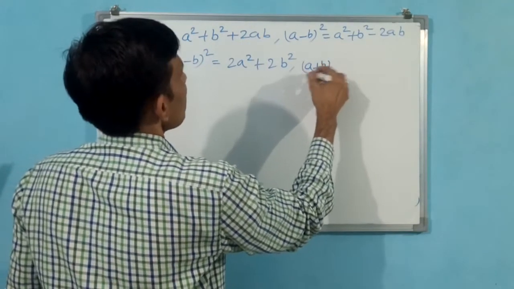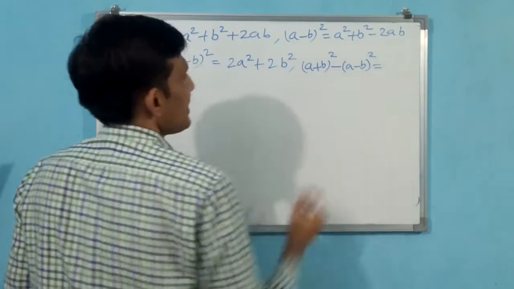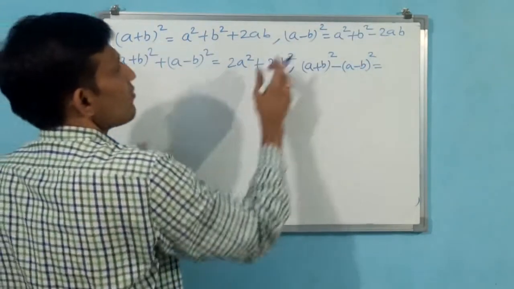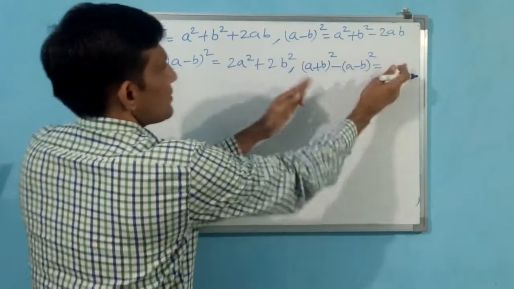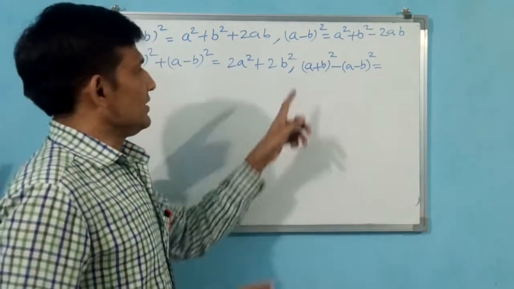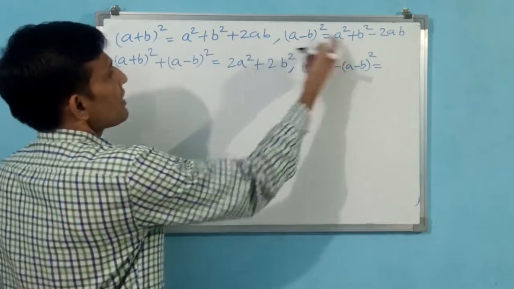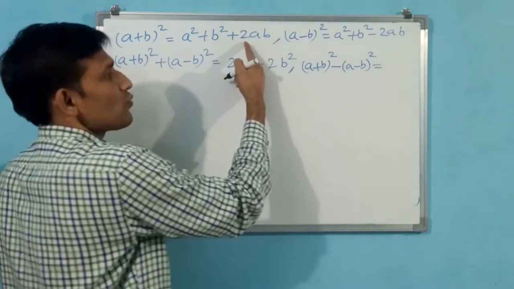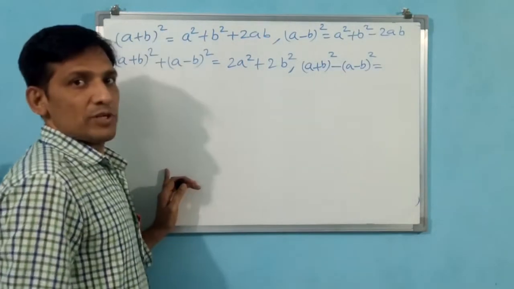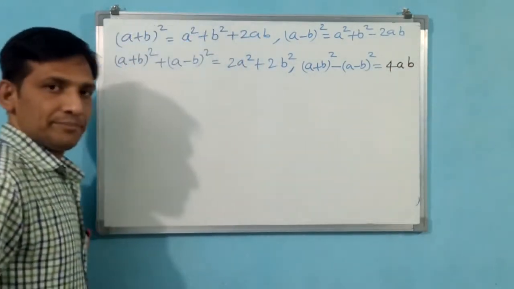A plus b whole square minus a minus b whole square, if I take, see, I have put a comma here. This formula and this formula, both are different. A plus b whole square minus a minus b whole square means a square minus a square 0, b square minus b square 0, 2ab minus of minus 2ab, 2ab plus 2ab, then 4ab.